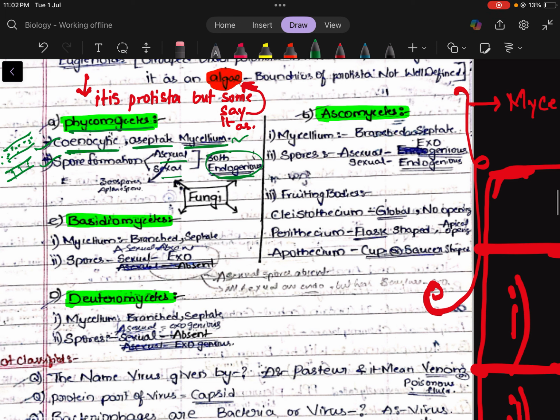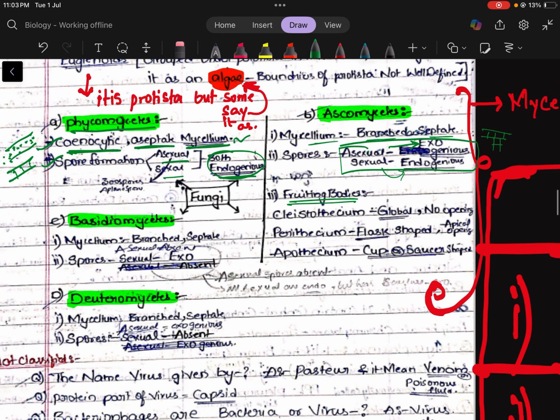But in Ascomycetes, the mycelium is branched and septate. That means it can show branches and septa also. Spores are sexual and asexual. Asexual spores are exogenous. Sexual spores are endogenous. Next, they show some fruiting bodies.